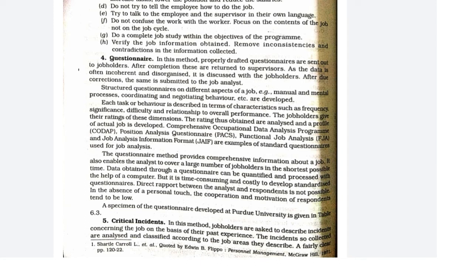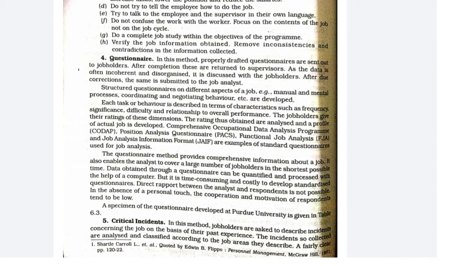Now a structured or planned questionnaire on the different aspects of the job, for example manual tasks, mental processes, coordination with the team members, and his or her behavior with others, is developed as criteria in the questionnaire.